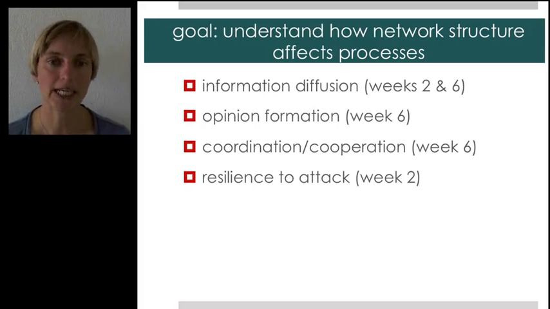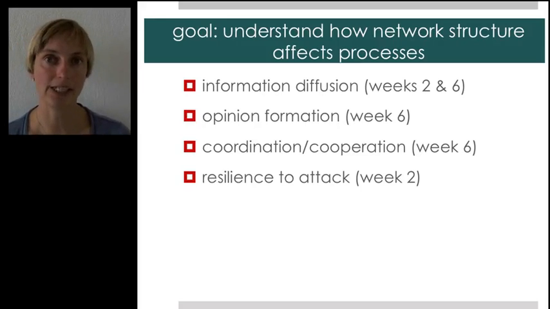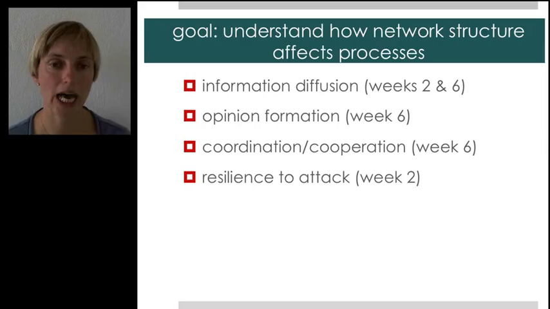We're also going to be looking at coordination and cooperation. If you have a certain task that you'd like to do, but it depends on inputs from the nodes that you're tied to, how quickly can you accomplish the task? And finally, we're going to look at resilience to attack. So if for some reason a certain subset of the nodes are removed from the network, can the network still function?